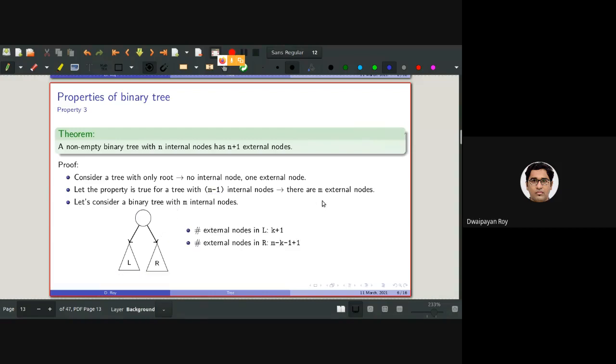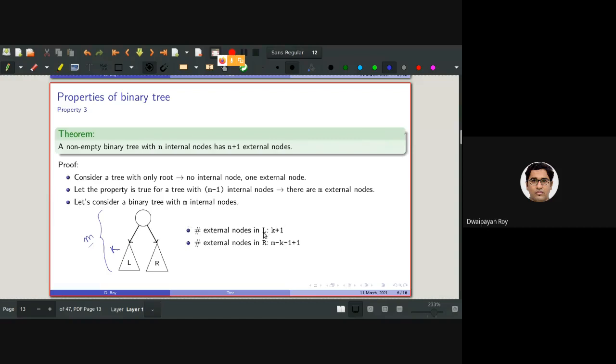Now, if I move forward, let's consider the number of external nodes in this left subtree L. Let's assume that it contains, say, k internal nodes, and altogether the whole tree contains m internal nodes.